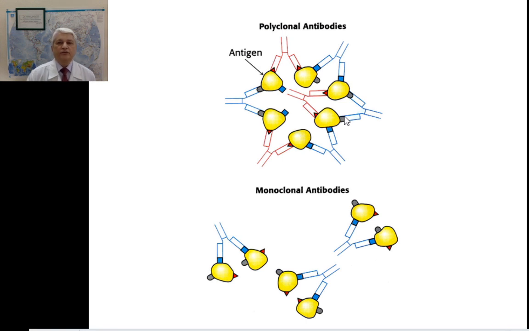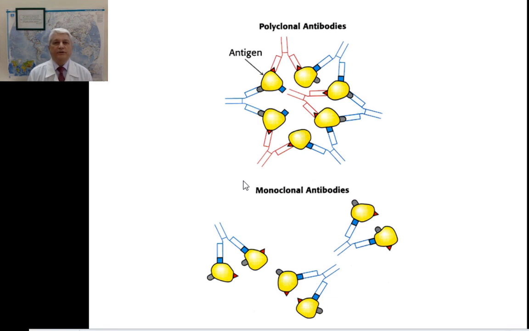And here it is shown at least two different molecules of antibodies, red and blue. They are shown by different colors because they have different primary structure.